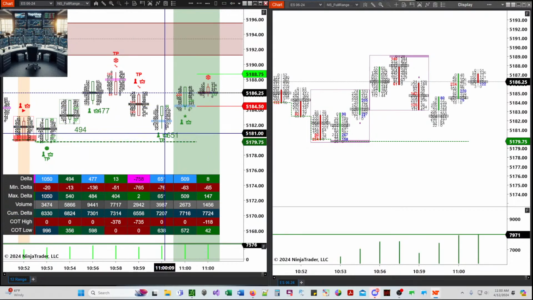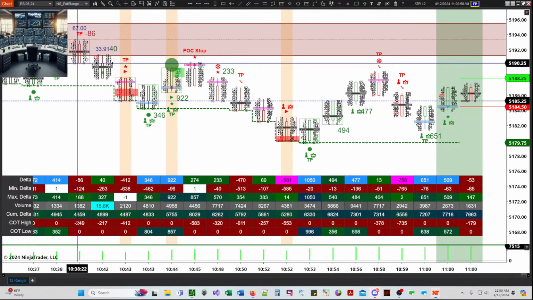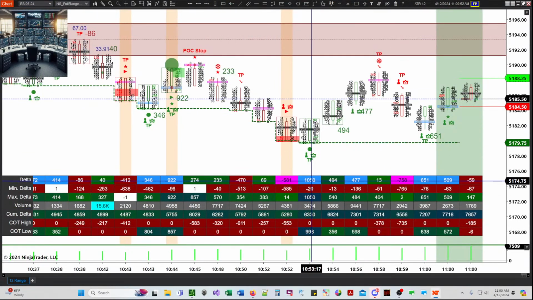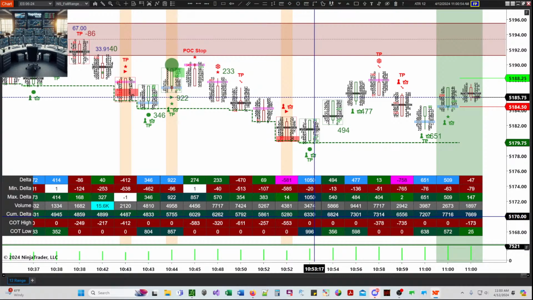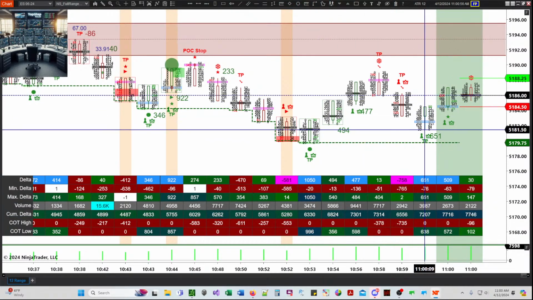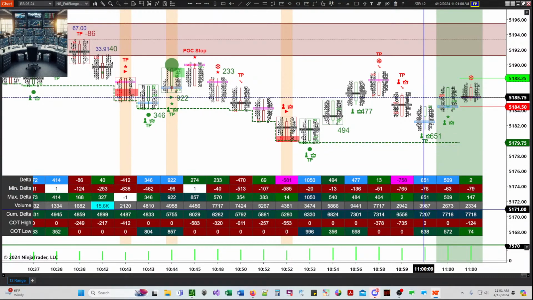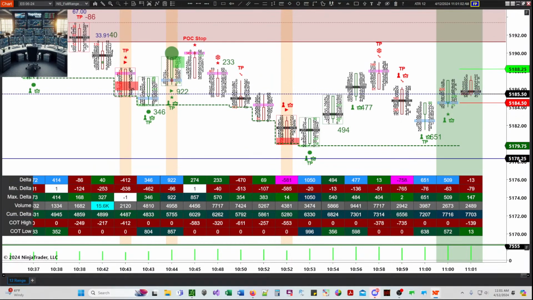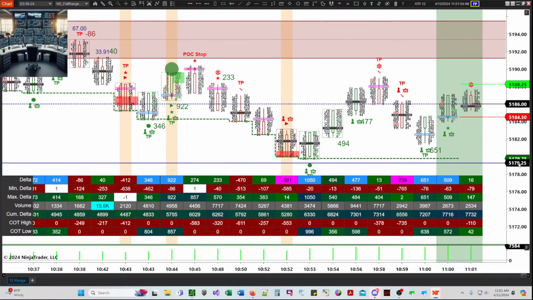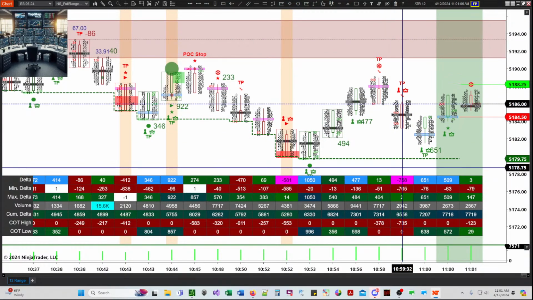Now looking at this higher low right here on this 12R, got 1050, you got 6330 on the Cum. The higher low, 651, 72, more buyers in the market. Yeah, I didn't think it was gonna fall off.